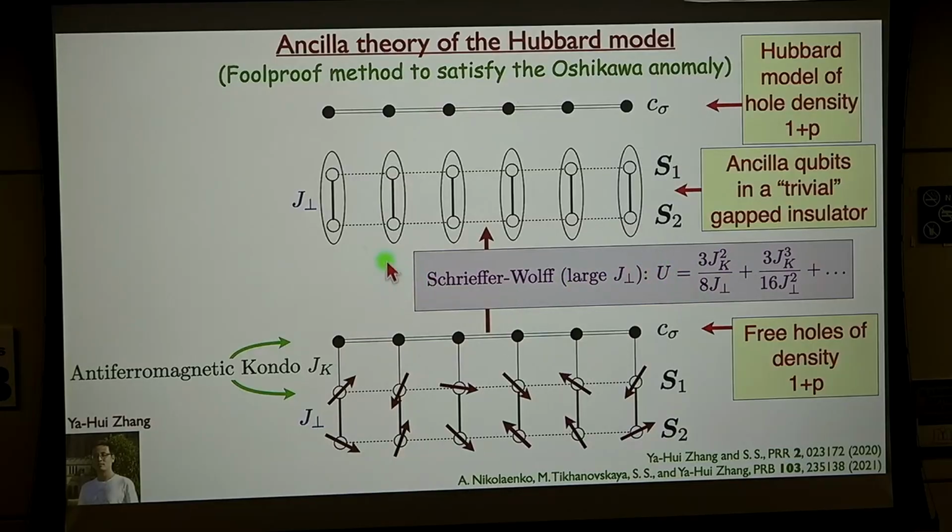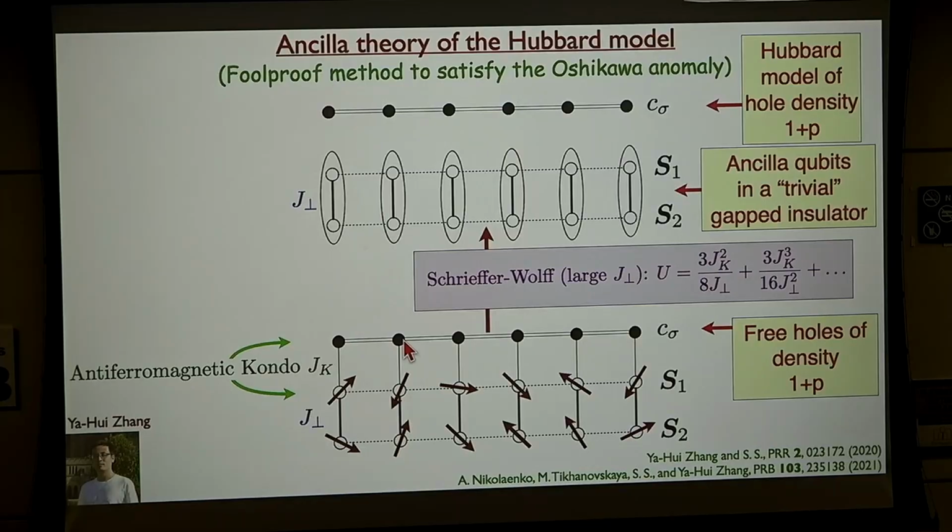Because imagine in this system there's an electron here. So it's occupied. Well, if the electron is here, it's coupled by JK to these spins. And so from that coupling, it's going to lower its energy. So every time a site has spin a half, it lowers its energy. Now, if that site is doubly occupied or empty, it doesn't lower its energy because it's not coupled to the spins.